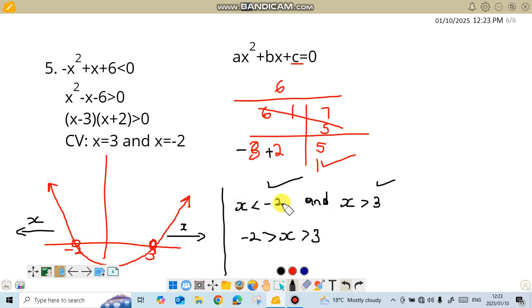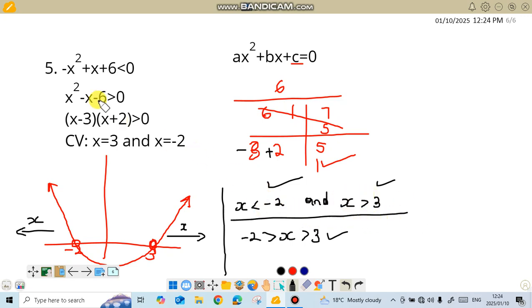So on this side we're saying x is less than negative 2, and on this side we're saying x is greater than 3, like that. So you can write either of those.